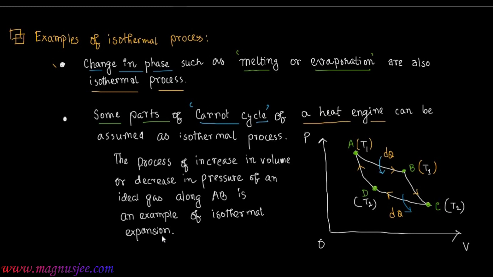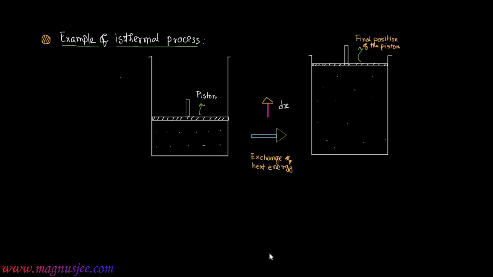Similarly, the process of decrease in volume or increase in pressure of the ideal gas along the path CD can be assumed as isothermal compression.